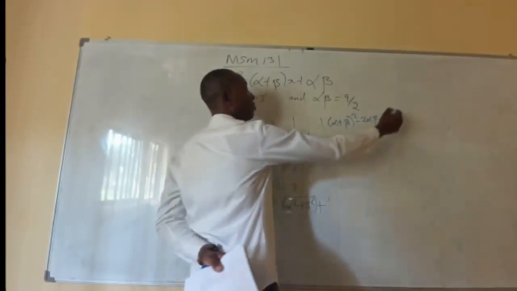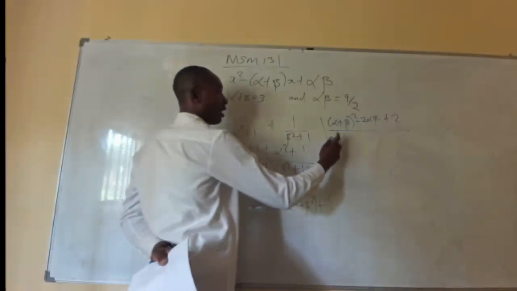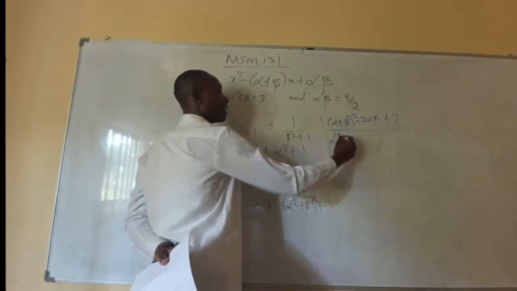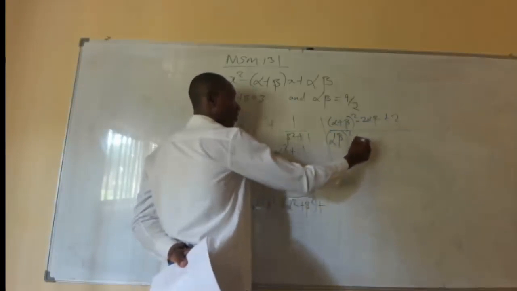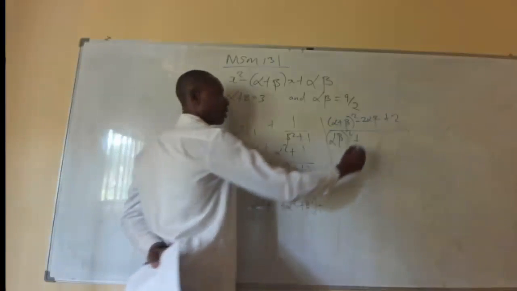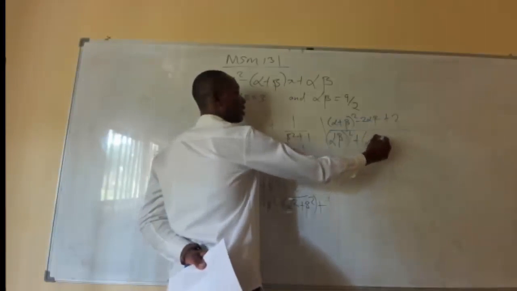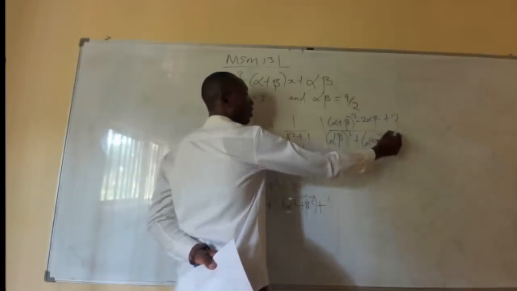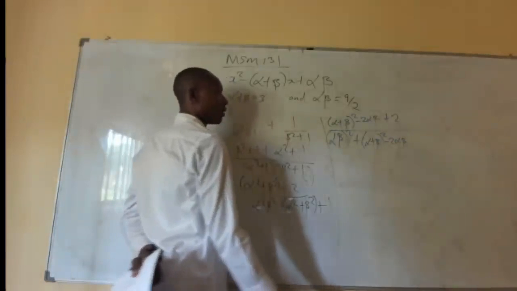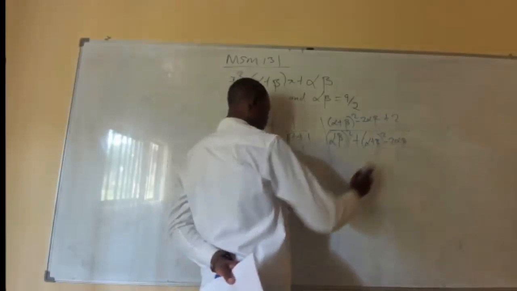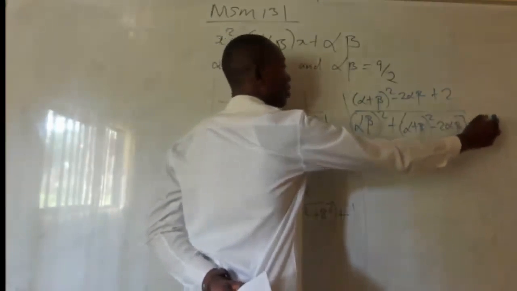Then plus 2, everything over alpha squared beta squared plus, open brackets, alpha plus beta squared minus 2 alpha beta. This is the part I've written here, then plus 1.